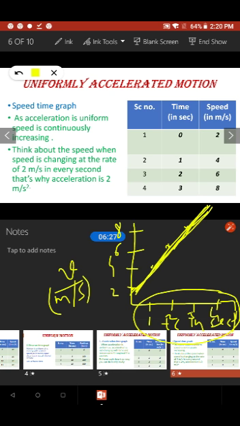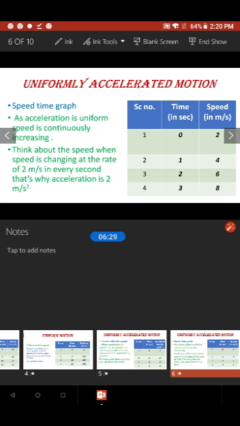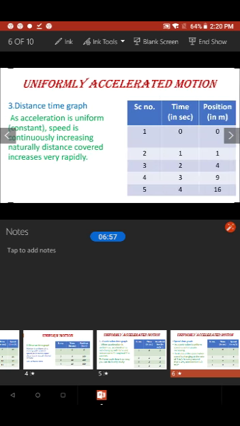For the same thing, let us draw the position time graph for the same uniformly accelerated motion. Let us move to new slide, and that gives you the position time.